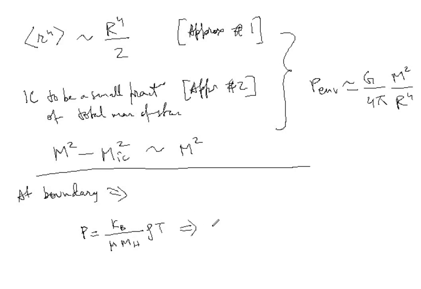So this thing will give me some temperature which will be the same as the temperature of the isothermal core, right? So this means P envelope, mH divided by rho envelope into Kb.